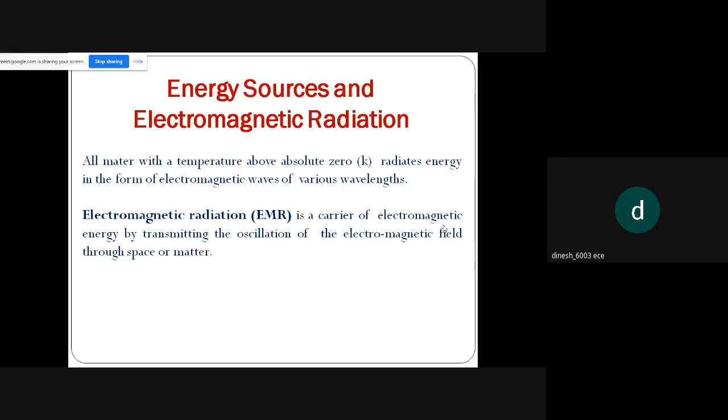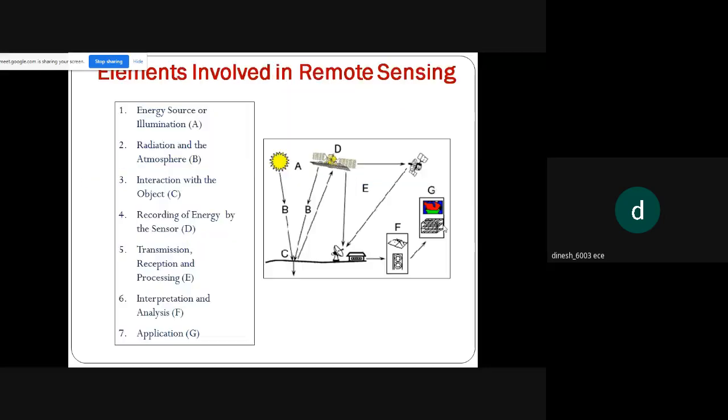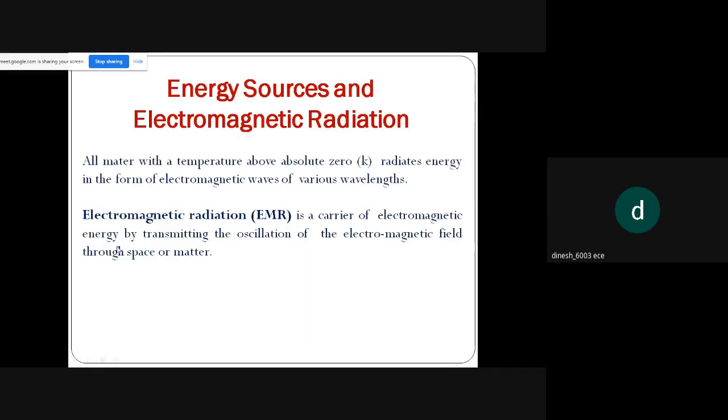This electromagnetic radiation, or EMR, is a carrier of electromagnetic wave energy by transmitting the oscillations of the electromagnetic field through space or matter. So this is the energy source or illumination, which is transmitted, reflected, or absorbed. Okay, electromagnetic radiation.